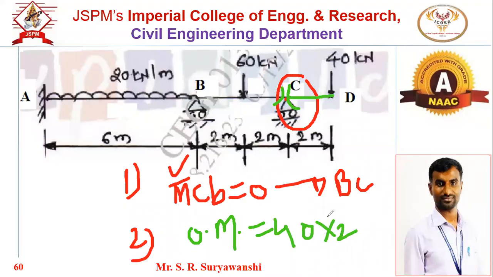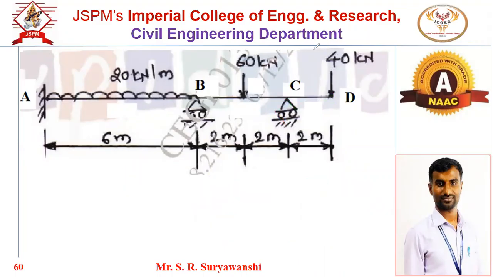Now this 40 into 2, 80 kilonewton meter moment, it will act at a point C. Overhanging moment, it will act at a point C somewhere here, and that moment will be equal and opposite. We know the magnitude, that is 40 into 2, 80. But where will 80 act? It will act at C. Then see what members are at C: CB is there, and CD is the overhanging span.